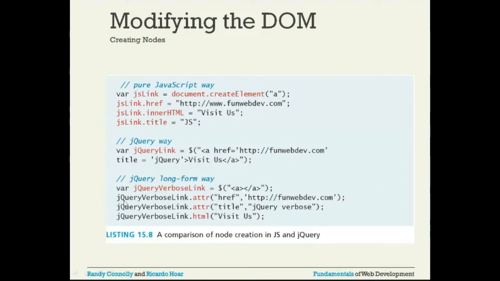On that element, jQuery verbose link dot, I'm going to call the attr method. I'm passing two parameters. The first one, the href property, will be set to this value, and similarly with attr, the title will be set as jQuery verbose, and the HTML will be set as visit us, which is exactly the same as this.